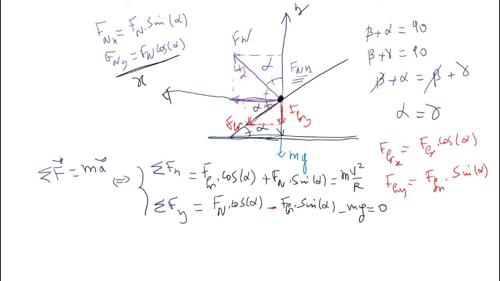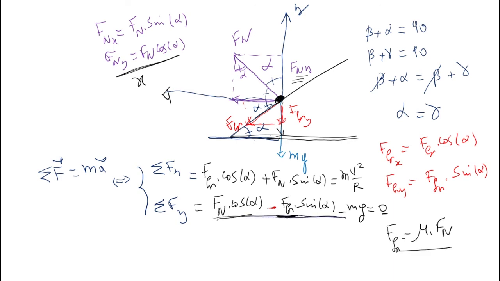The sum of forces in the vertical direction equals 0 because the truck is on the banked curve, making just circular motion. That means it doesn't fly in the vertical direction, so the sum of forces on the y-axis equals 0. By definition, the friction force is the coefficient of friction times the normal force.